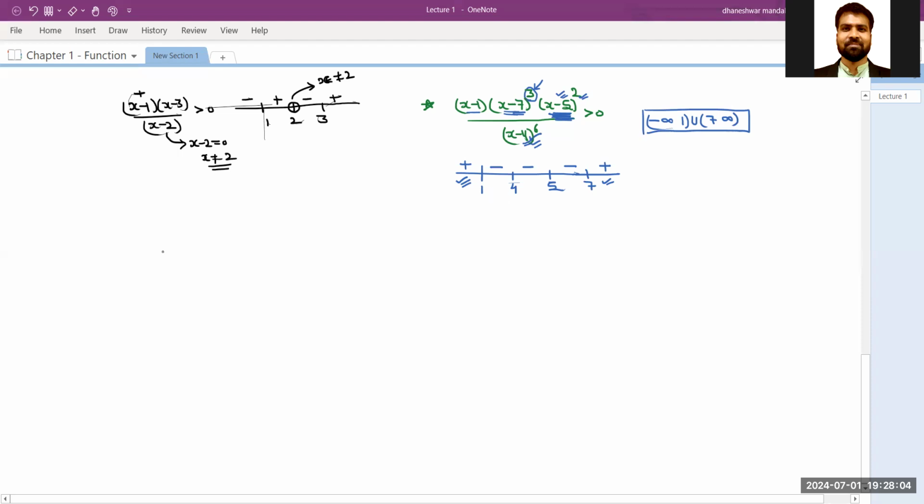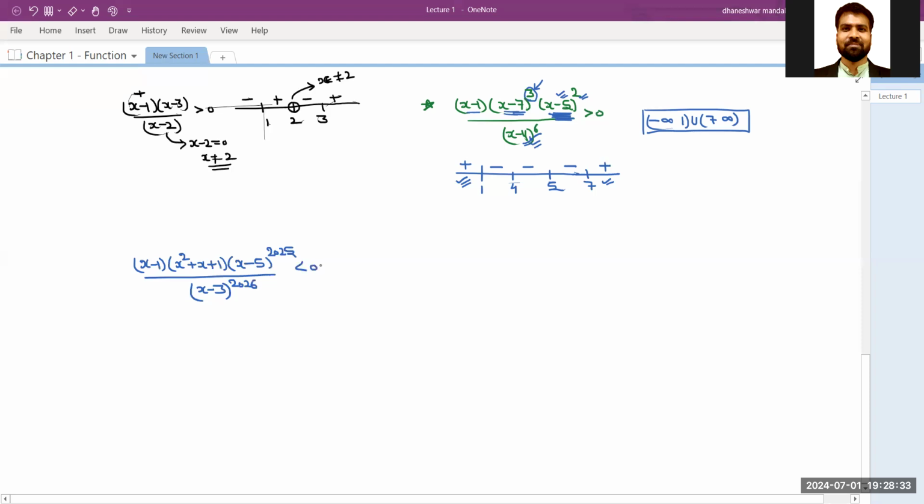Now take one more example: (x minus 1), (x square plus x plus 1), see, a quadratic factor is there, and (x minus 5) to the power 2025, and then I take (x minus 3) to the power 2026.